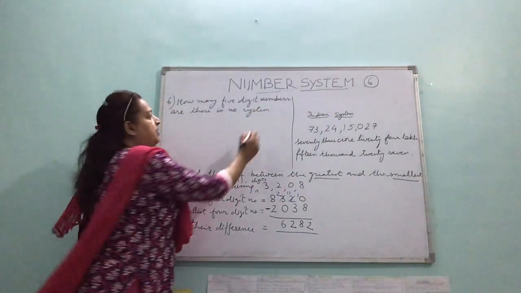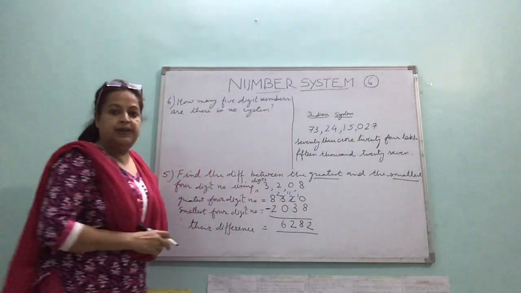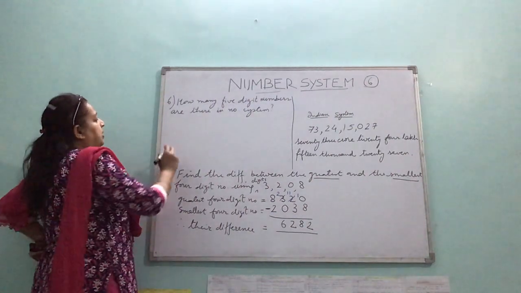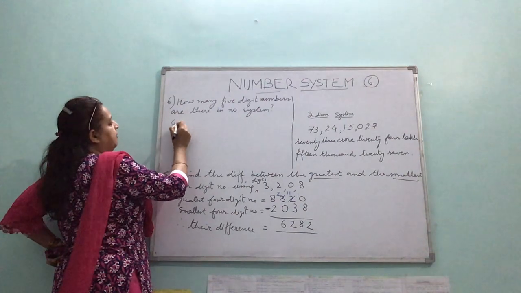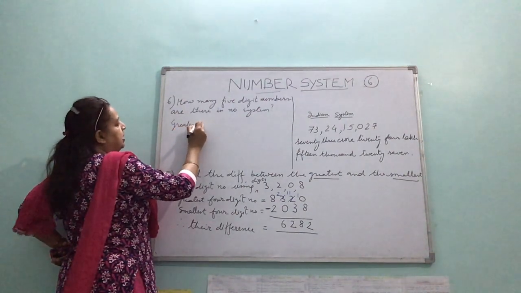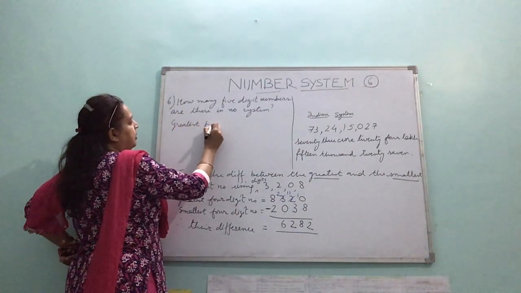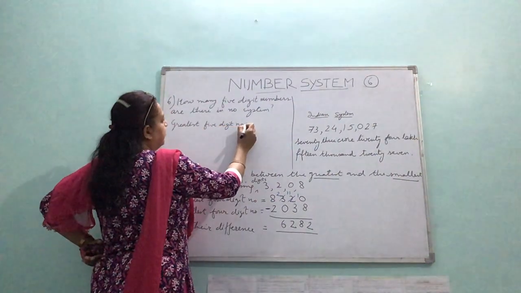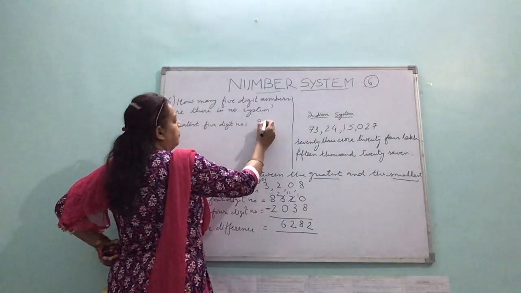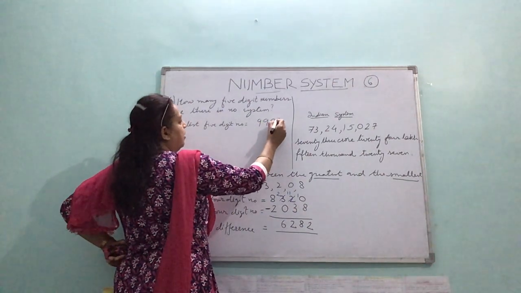That is, how many 5-digit numbers are there in the number system? So we'll find out the greatest 5-digit number. Greatest 5-digit number. Well, 5 digits, all nines.